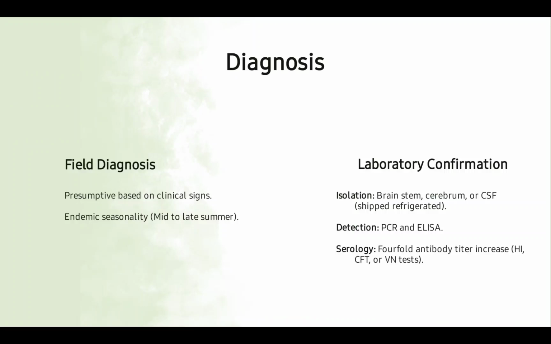Postmortem confirmation relies on PCR or detecting severe necrotizing polioencephalomyelitis. But remember that brainstem or cerebrum samples must be shipped refrigerated to preserve the virus.